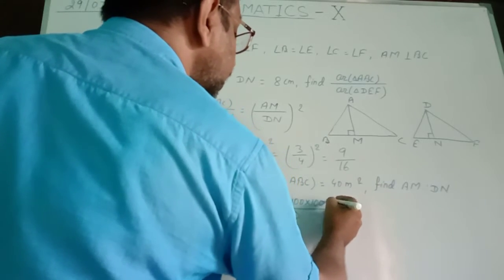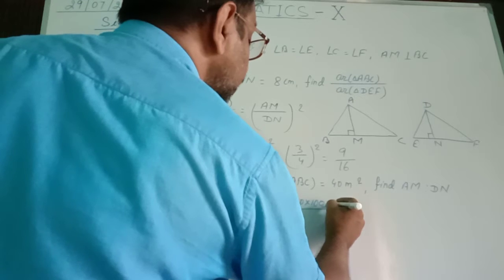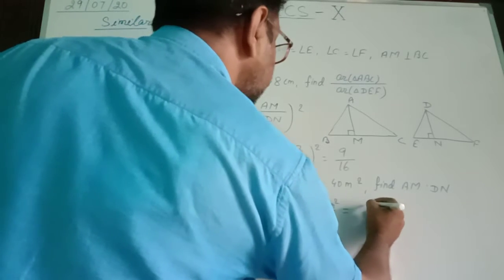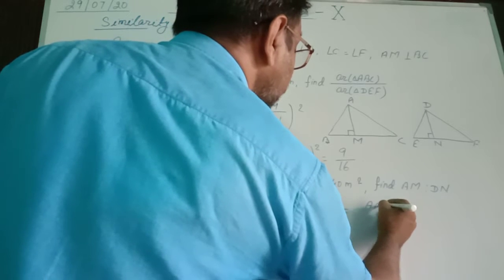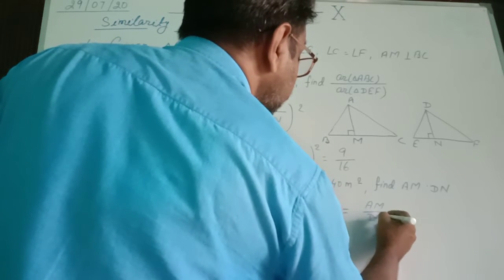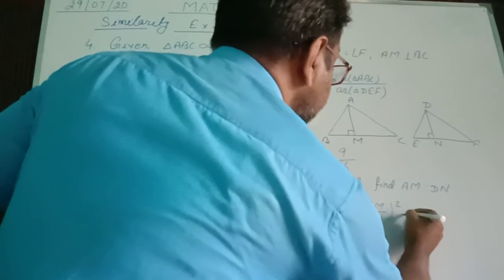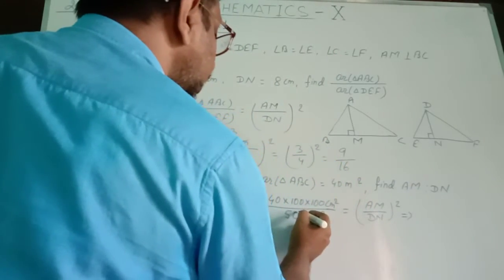So this is now centimeter square, this is also centimeter square, and that much equal to AM by DN whole square, implies that what are you getting here?